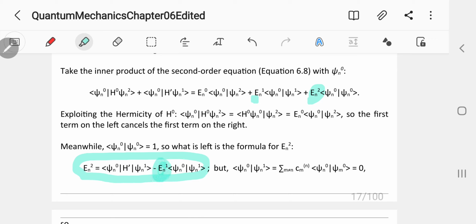So we will have to know exactly what En1 is first before we can know exactly En2. So it's important not to forget the previous results that we did.